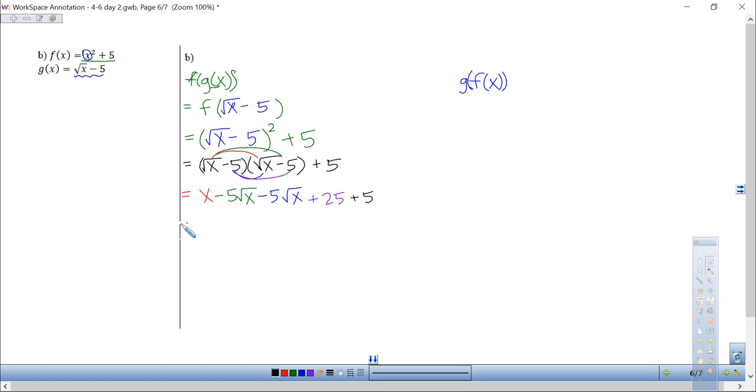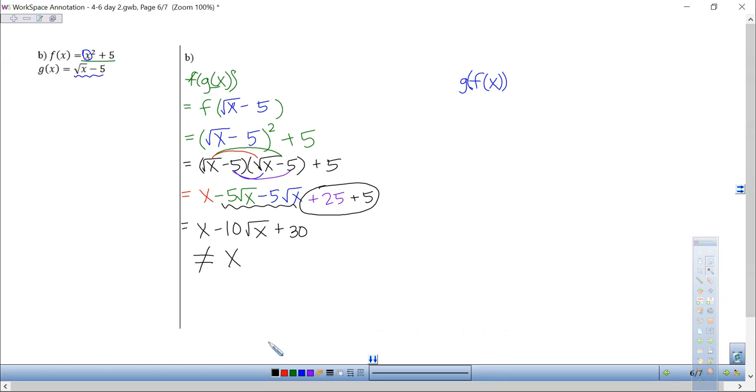Okay, so if I look at this and combine my terms, I end up with x minus 10 radical x, right? I can combine those together, plus 30, because I can combine those together. Notice this is not x. Okay.